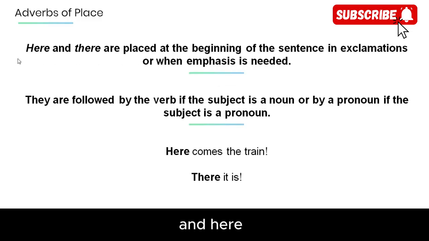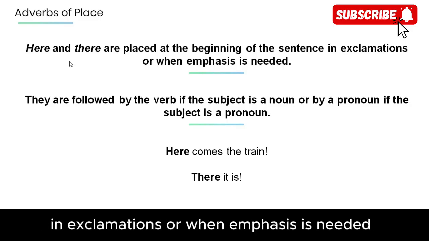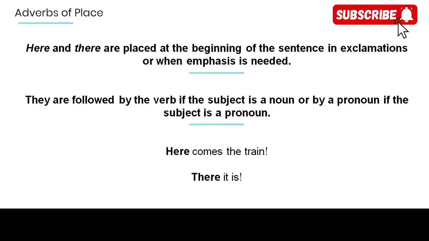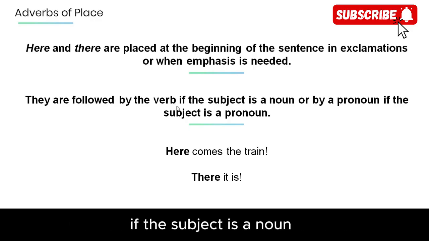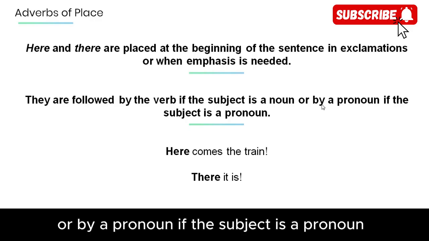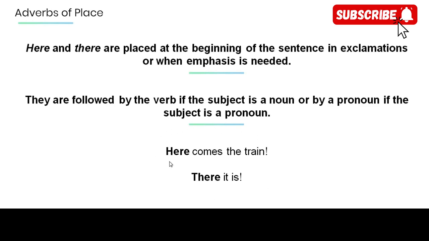And here and there are placed at the beginning of the sentence in exclamations or when emphasis is needed. Note that they are followed by the verb if the subject is a noun, or by a pronoun if the subject is a pronoun. Have a look at the example below. Here comes the train.